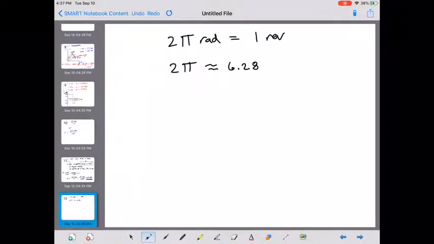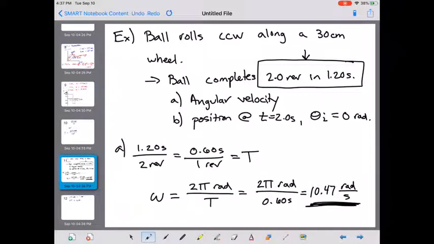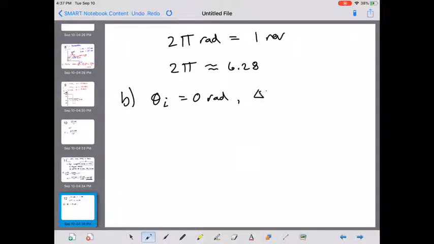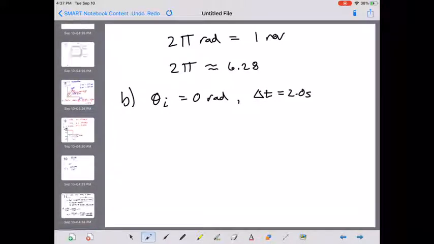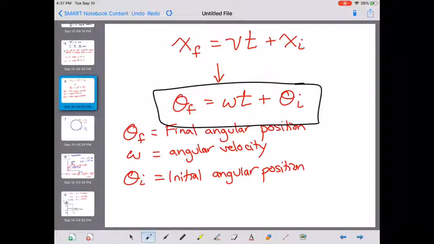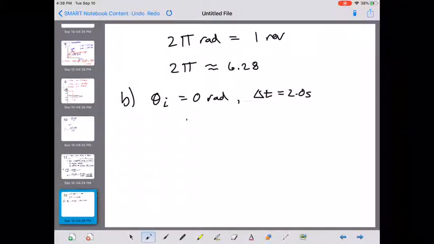Now from here we can move on to part B, position at time equals 2 seconds if theta initial is 0 radians. So looking at part B, theta initial is 0 radians and delta t is 2.0 seconds. So now we're going to go back to the equation we talked about earlier. This is going to come in very handy for us. Theta final is equal to theta initial plus omega times delta t.